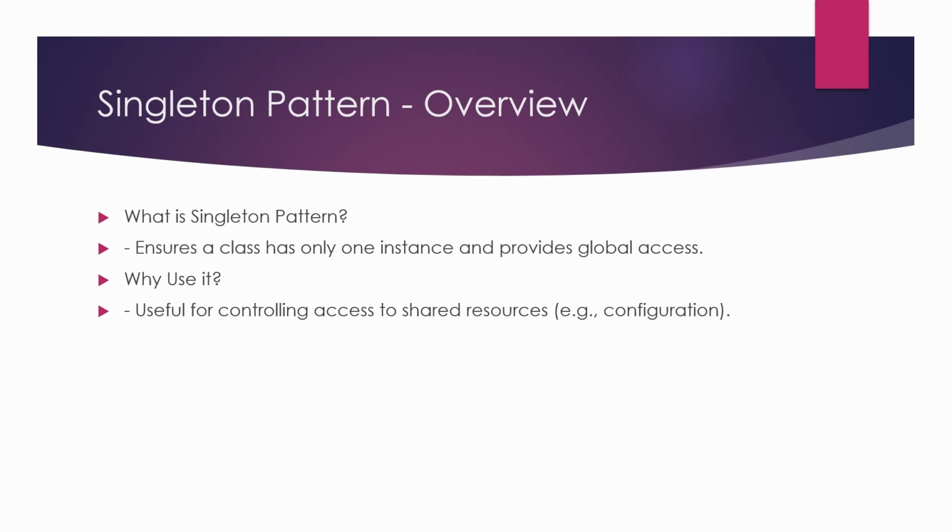Now let's discuss the singleton pattern. This pattern ensures that a class has only one instance and provides a global point of access to it. For our system, we can use singleton to control shared resources like the configuration of the system or access to a logging service.